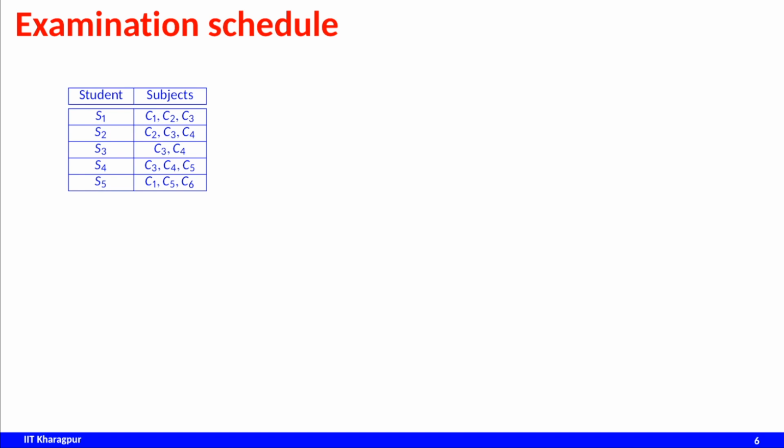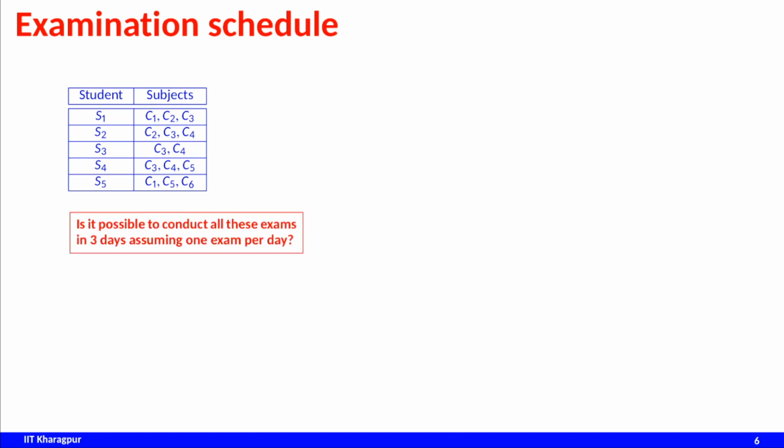So let us look into another problem. This is to prepare an examination schedule. Given a set of subjects and a set of students S1 to S5, each student has opted for courses C1 to C6, as given in the table, and we have to prepare an examination timetable.